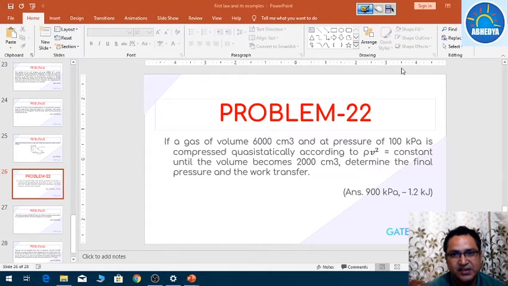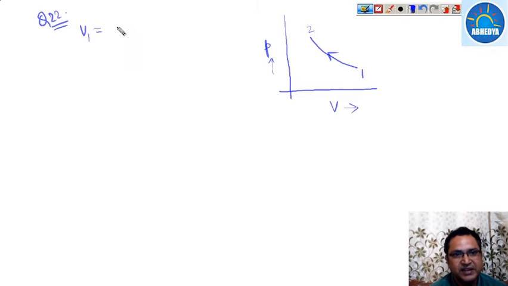So the gas is compressed from 6000 centimeter cube to 2000 centimeter cube. So let from 1 to 2 the gas has been compressed. The initial volume is given, that is 6000 centimeter cube, to final volume 2000 centimeter cube, and this law is PV square is equal to constant.